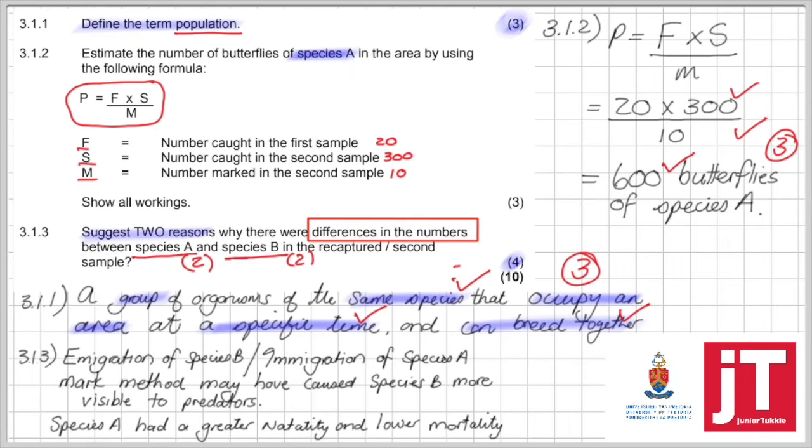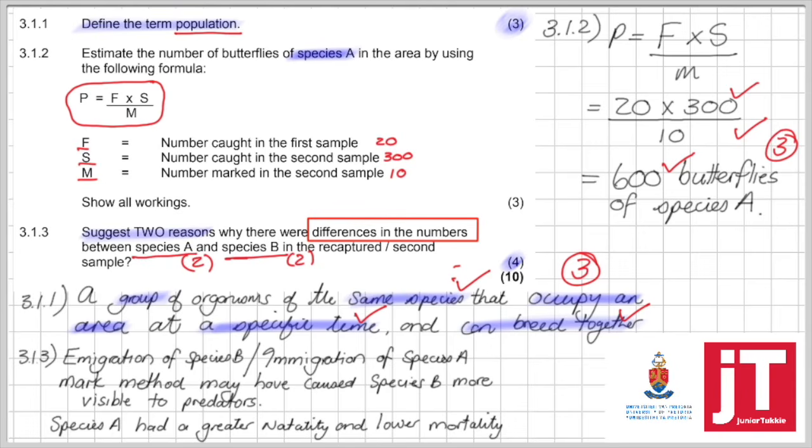So depending on how we justify the difference in numbers, we could refer to immigration and emigration, or the method of marking the individuals in the species, or we could say that they may have had a greater natality versus mortality, and therefore their numbers would have remained high.